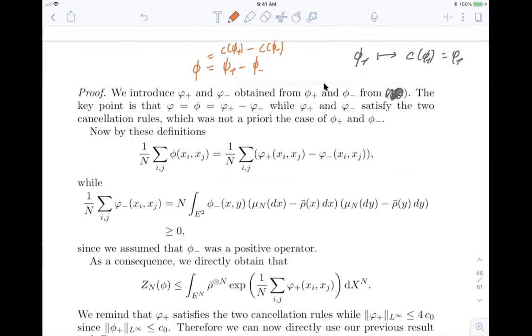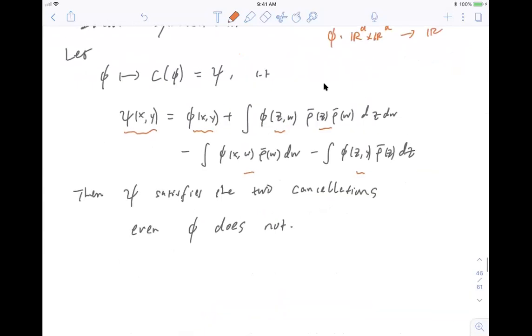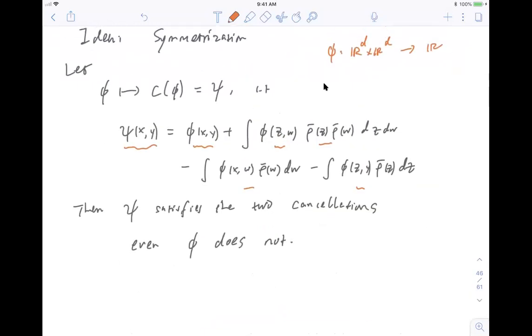So the symmetrization is a linear operator, right? It's a map from a function to another function, and it's linear. And since phi satisfies the two cancellation properties, if you symmetrize phi itself, you get phi, right? That's easy to check.